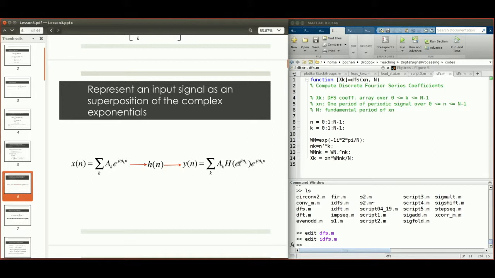This scalar happens to be the Fourier transform of the impulse response at omega k, which is the frequency of your basis signal. Then all you have to do is multiply by a_k, the coefficient, and do a summation over k. That was the basic theme, the most important idea of our representation.